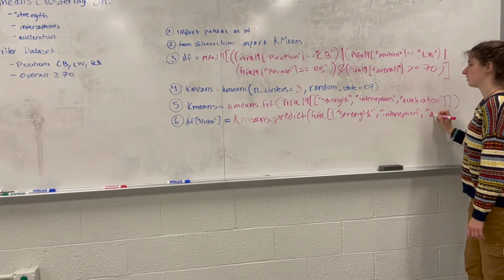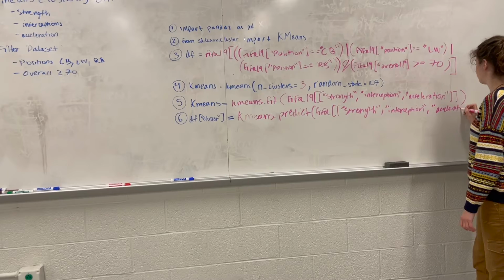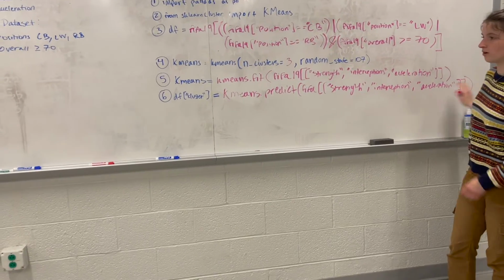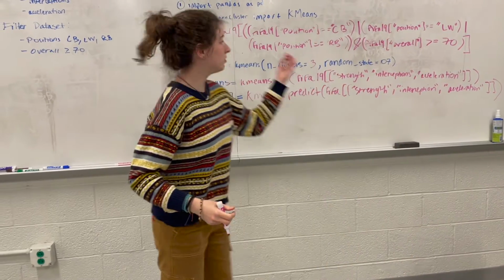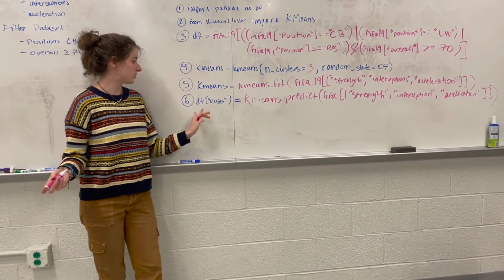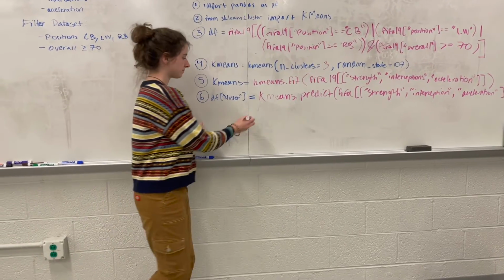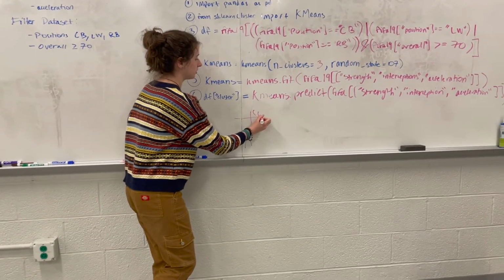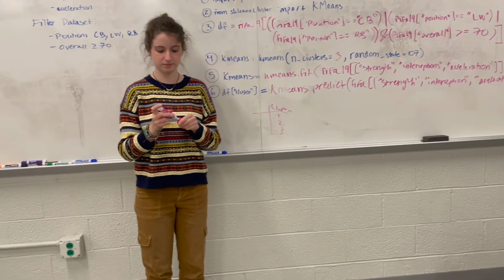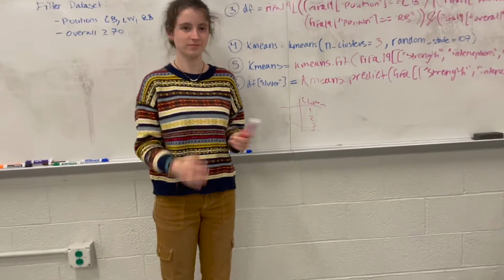And then acceleration. All right, close it out. And that's it. You've completed all steps of the k-means clustering process. And if you look at this data frame, you'd be able to see a new column called cluster and be like 1, 2, 3, or whatever. Good.